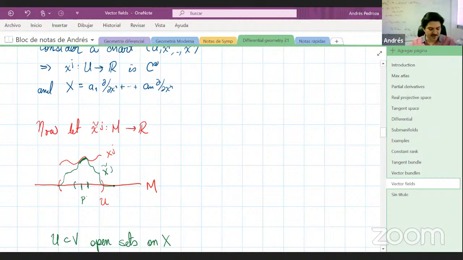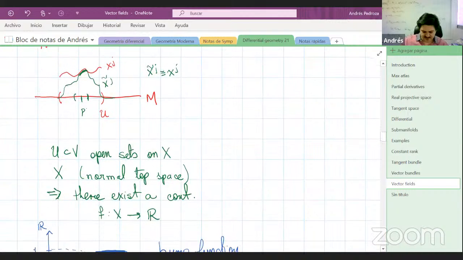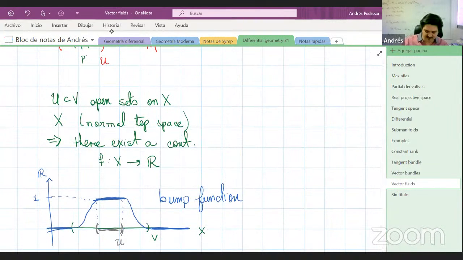But then again, now with this global function, you can apply the vector field. And then the coordinate functions are going to be smooth. Okay, so this is the concept for bump functions.